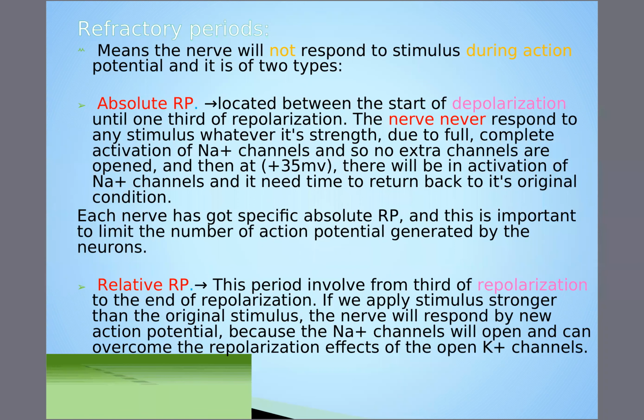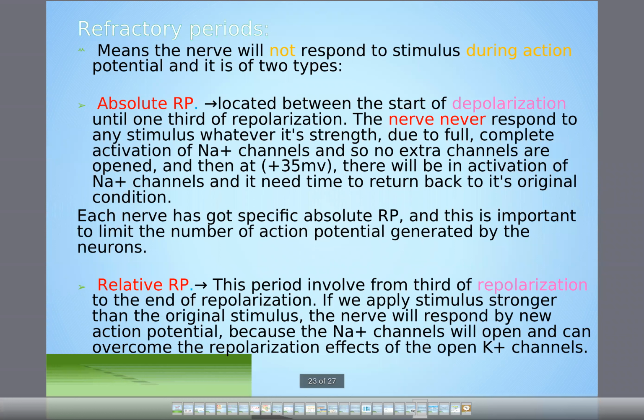If we apply a stimulus stronger than the original stimulus, the nerve will respond by a new action potential, because the sodium channels will open and overcome the repolarization effect of the opening of the potassium channels. Next slide.